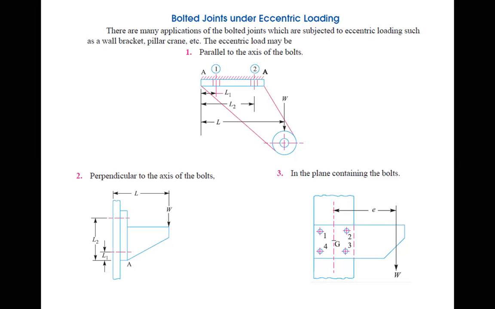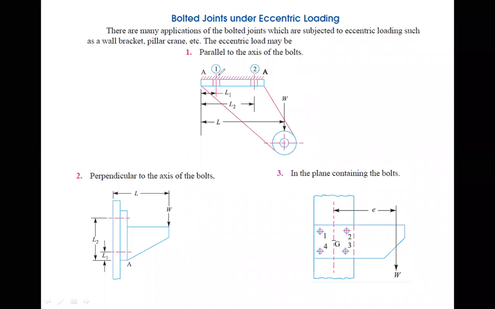As far as applications are concerned, you can see the bolted joints are used to support the load in different ways. These bolted joints have basically three different possibilities of application.